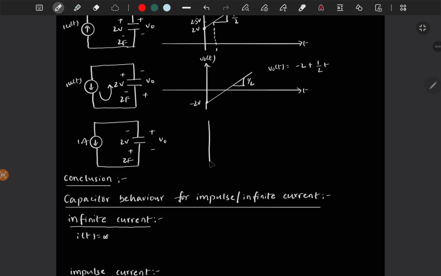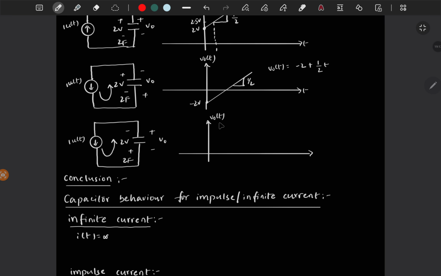And for this circuit, if you draw V naught of t, the same here, the current is flowing in this direction, which is 1 amp for t greater than 0. But we are asked to find the voltage in this direction, which is opposite to the capacitor charging.